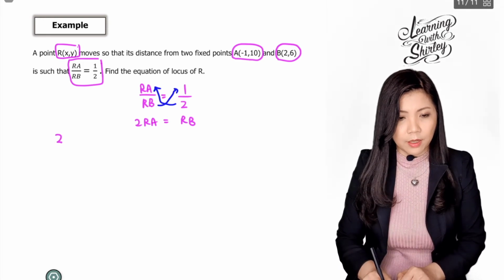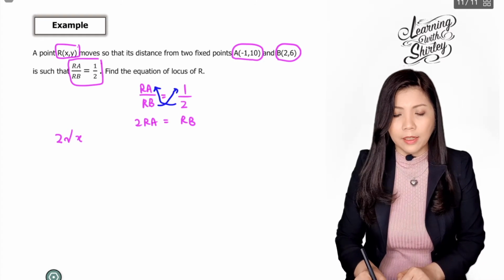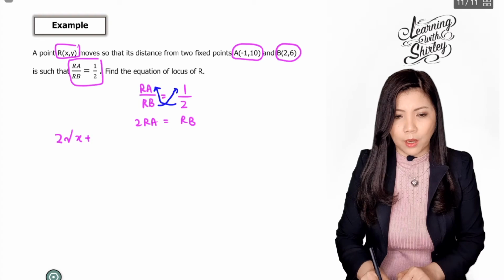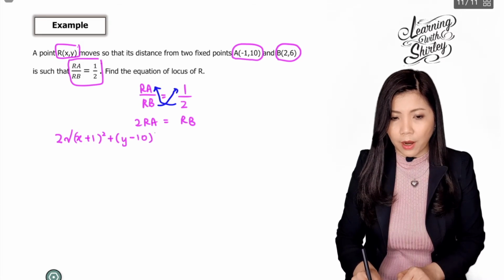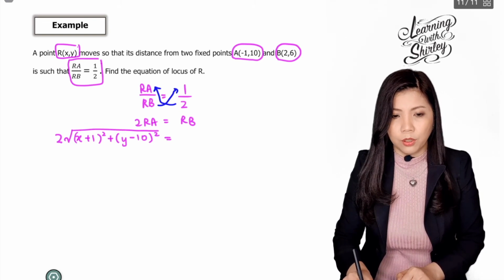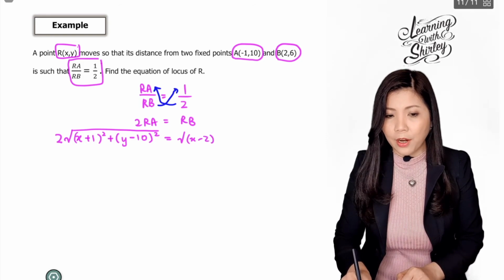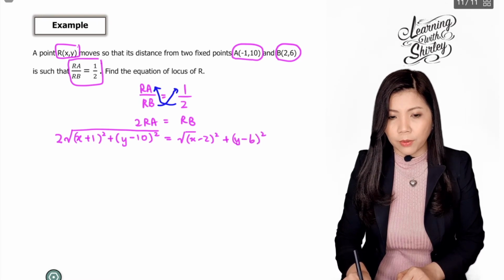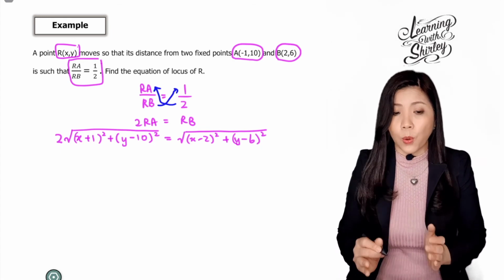So it'll be 2 times the square root of (x + 1)² + (y - 10)², equals the square root of (x - 2)² + (y - 6)². Now I'm going to square both sides to get rid of the square root sign.